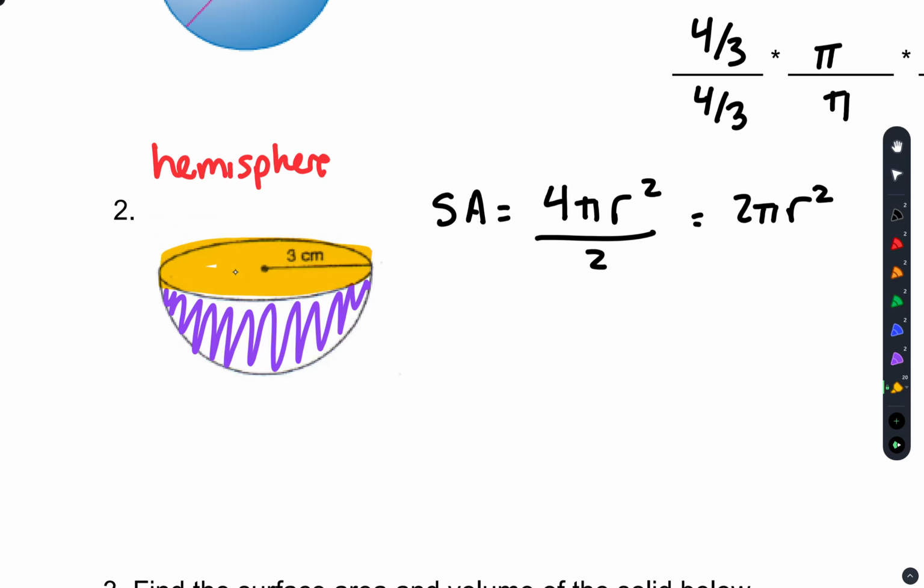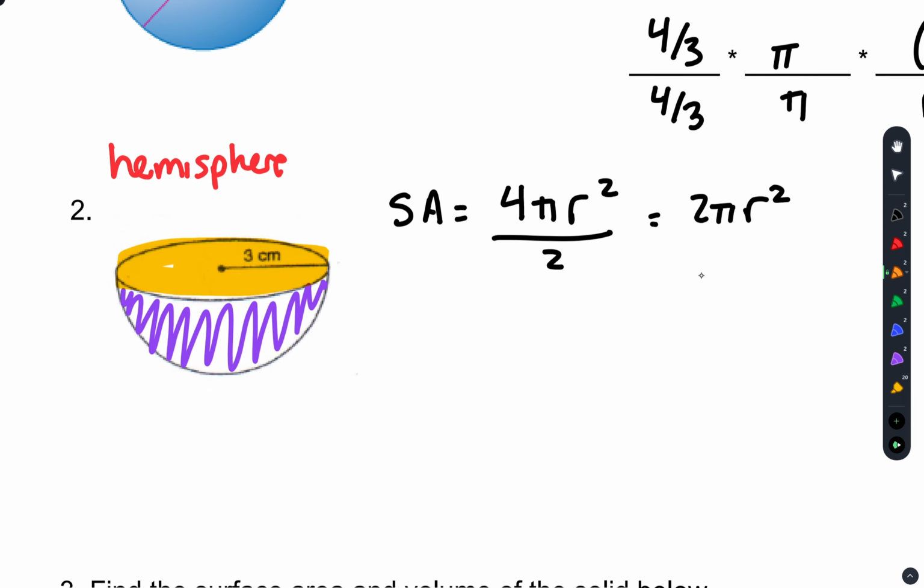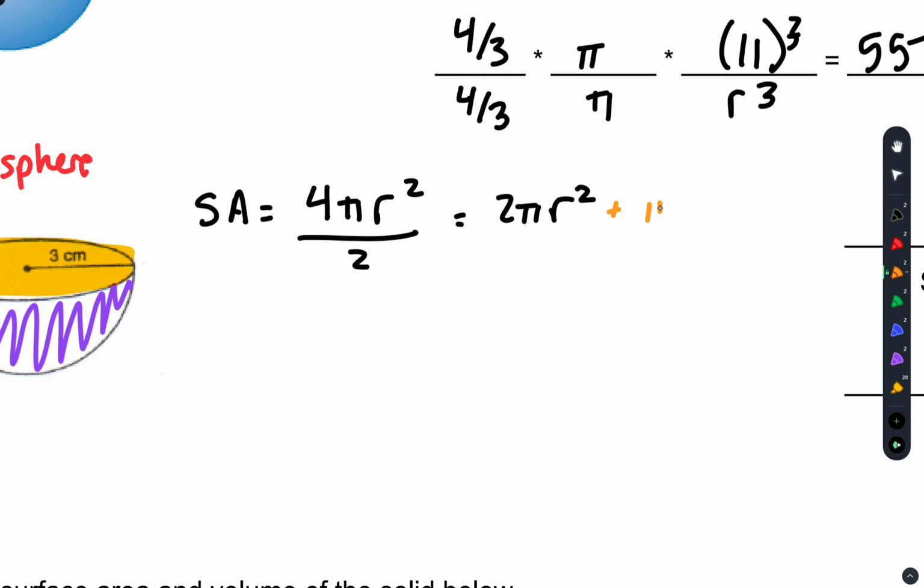So not only do I need half of the regular surface area of the sphere, but I also need to add on this circle, where the area of a circle formula is pi r squared. So in total, the surface area of a hemisphere is 3 pi r squared. You can memorize that, or you can just find it like this every time.